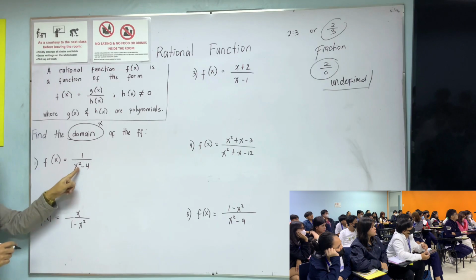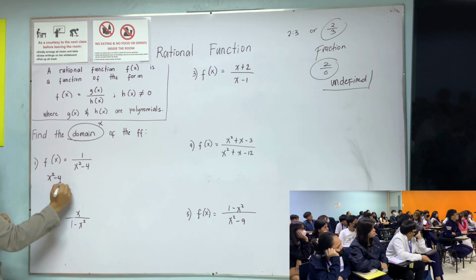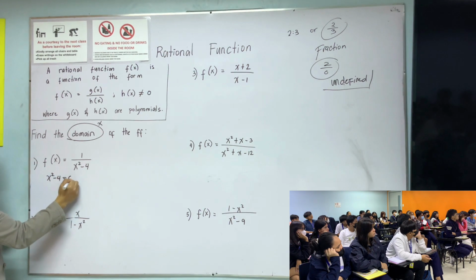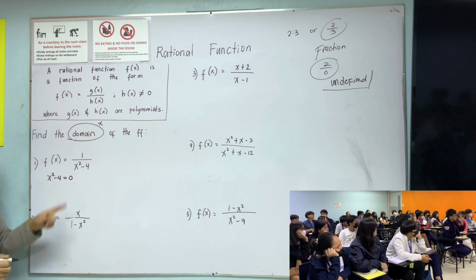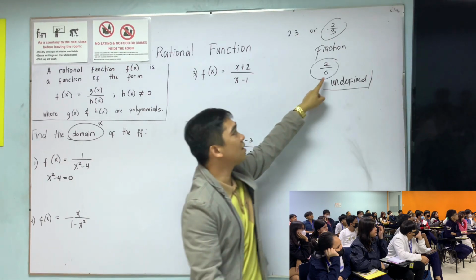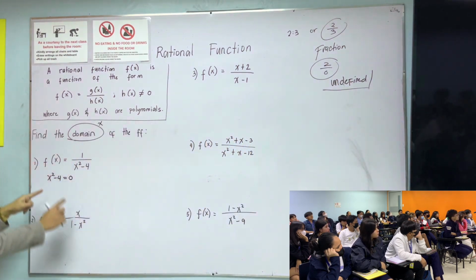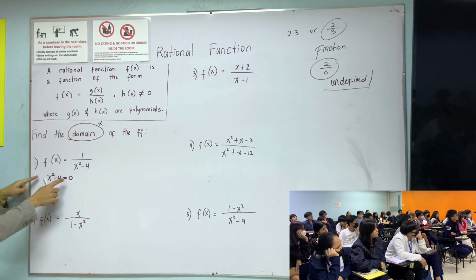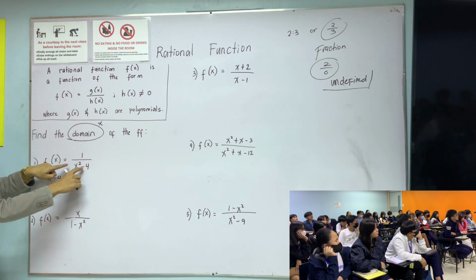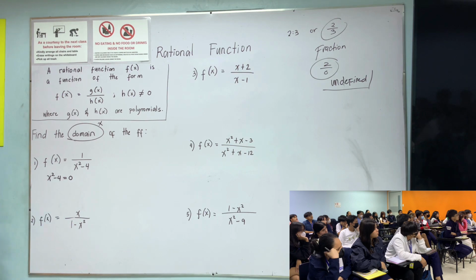O, sir, paano nagawa yun? So, solve natin. Yung x squared minus 4, equate lang natin sa 0. Okay? Bakit, sir, 0? Kasi yung hinahanap natin, dapat hindi siya magiging equal kay 0. Now, yung makukuha nating value dito, siya yung magbibigay ng value sa denominator na 0. So, sila yung bawal ngayon.